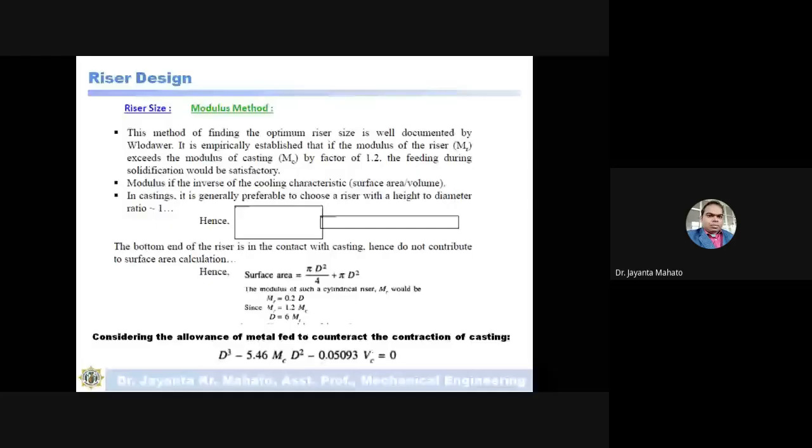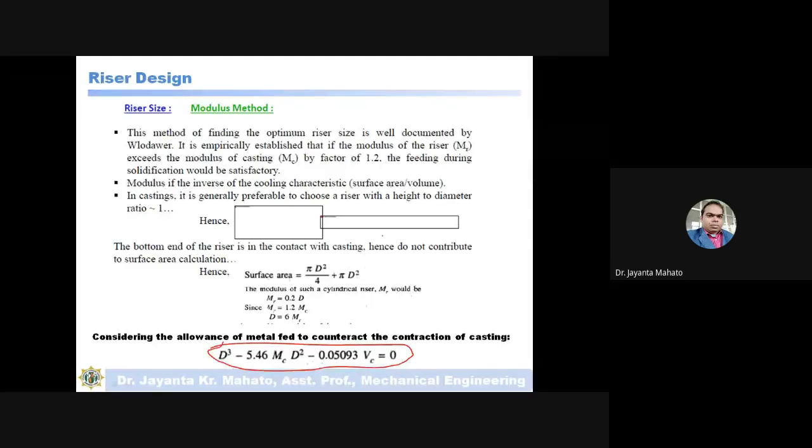Okay, so just from this relationship, you can get the value of D. And from this value of DC, you can design the optimum size of the riser.